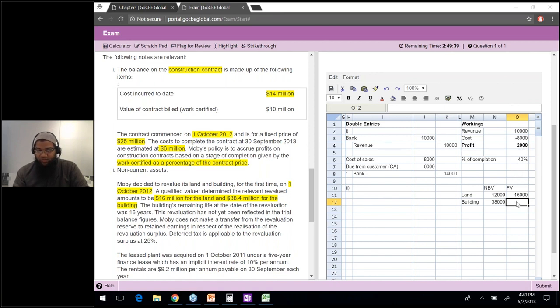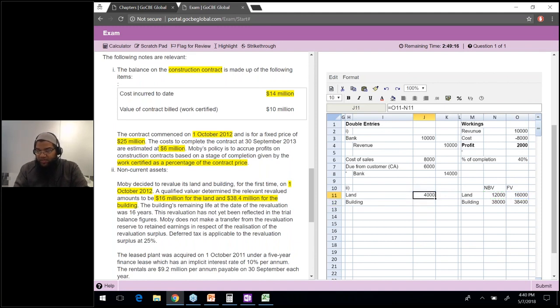Okay, so the fair value of the building given is 38,400. So if I write the accounting entry, I'm going to say land debit and building debit. Land is going to be debited by 16,000 minus 12,000.